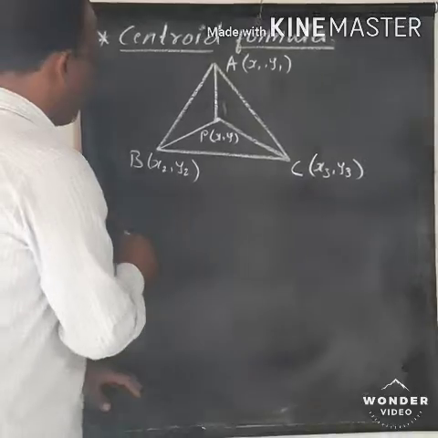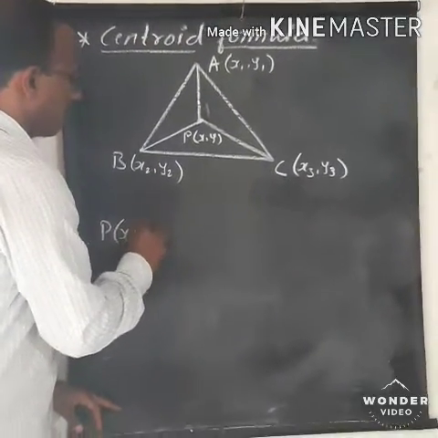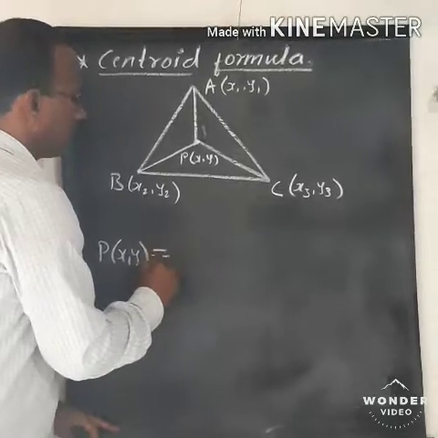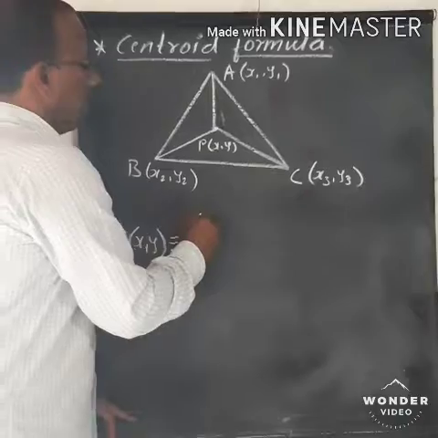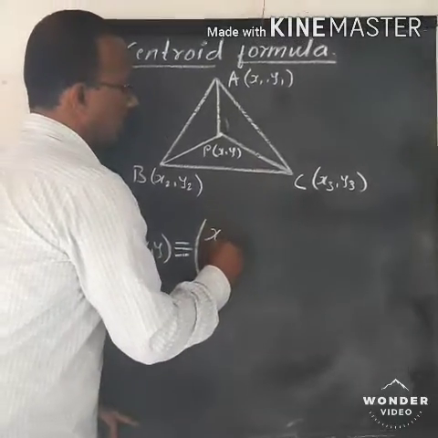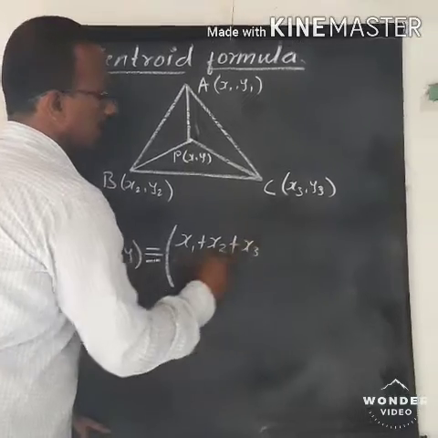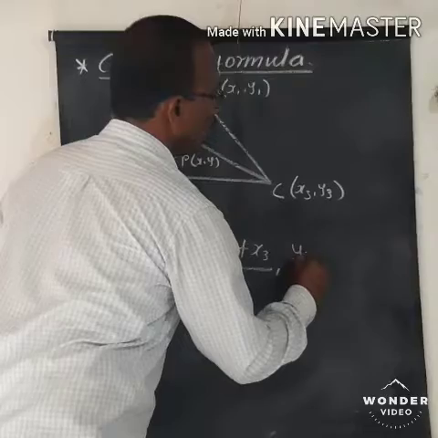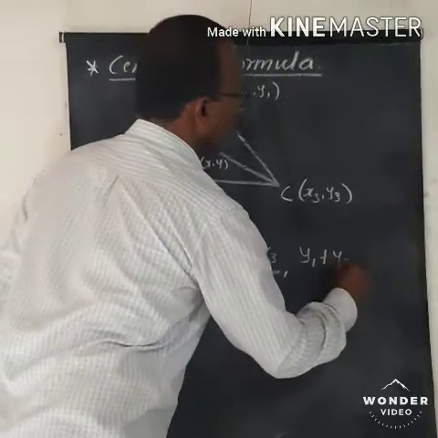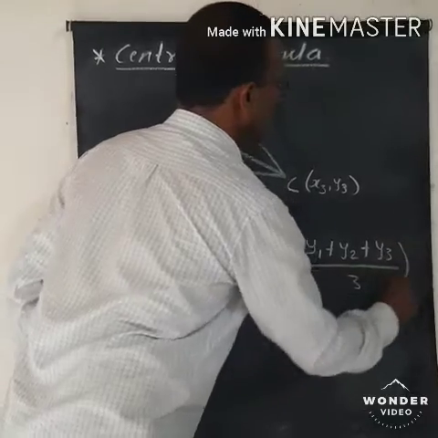Now how to write that formula? Just see, P(x, y), that is the centroid. Point P is the centroid of triangle ABC. The x coordinate is (x1 plus x2 plus x3) upon 3, and the y coordinate gives (y1 plus y2 plus y3) upon 3.